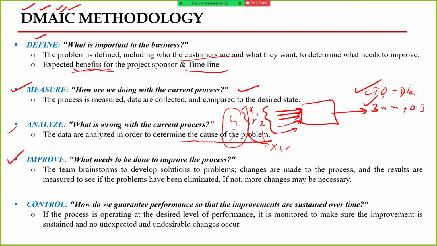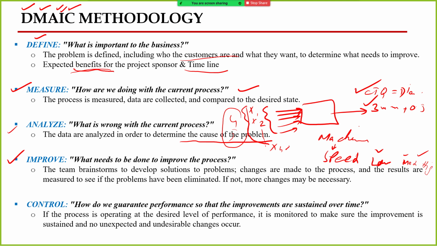Optimum setting means, for example, if I say that one of the causes is the machine and one of the factors of the machine is speed, due to the speed we are not able to produce that particular diameter. So should we set the machine at a low level, a medium level, or a high level? We need to identify this optimum setting.